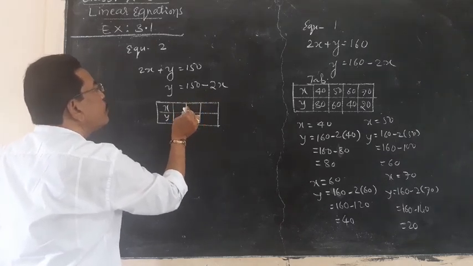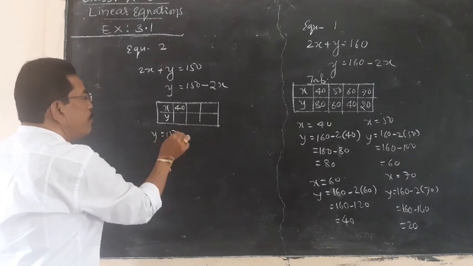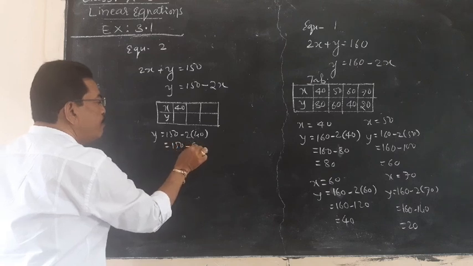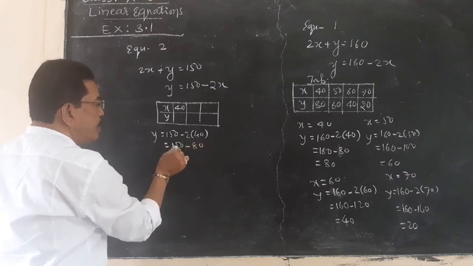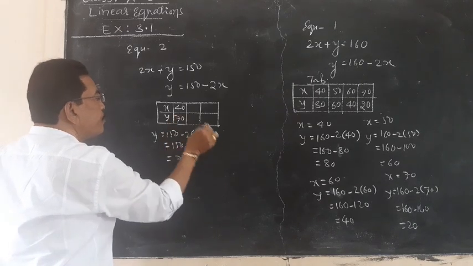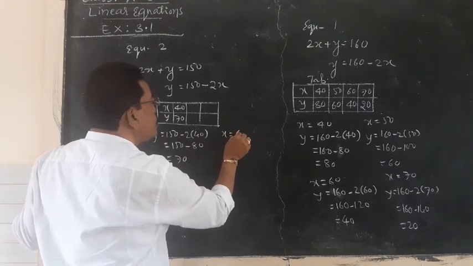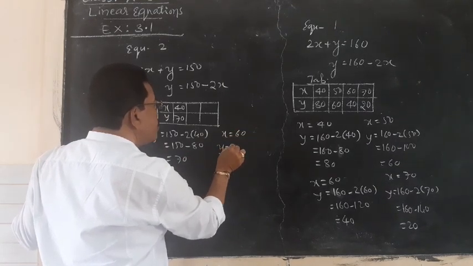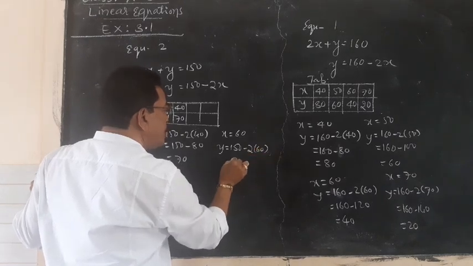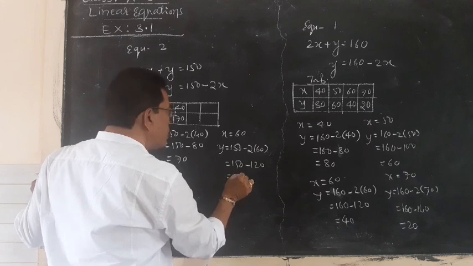X equals 40, y equals 150 minus 2 into 40, that is 150 minus 80, that is 70. Then x equals 60, y equals 150 minus 120, that is 30.